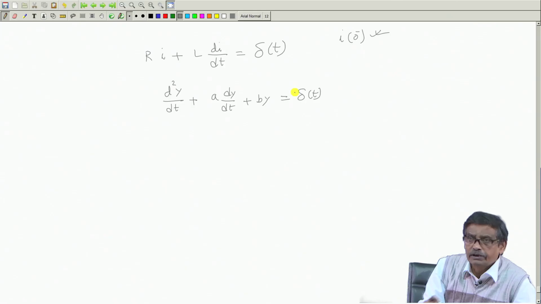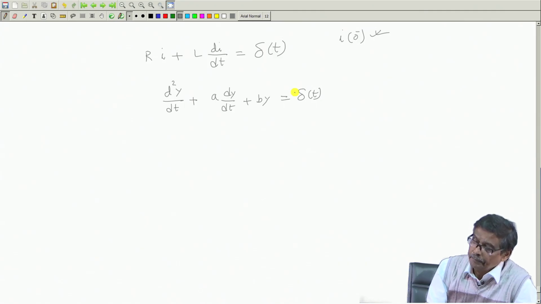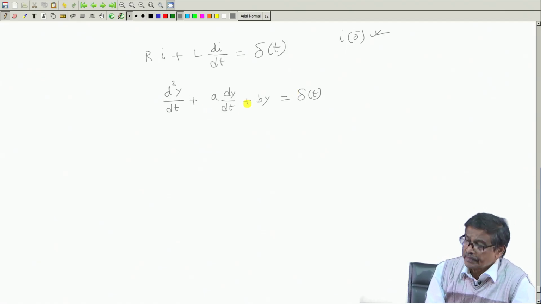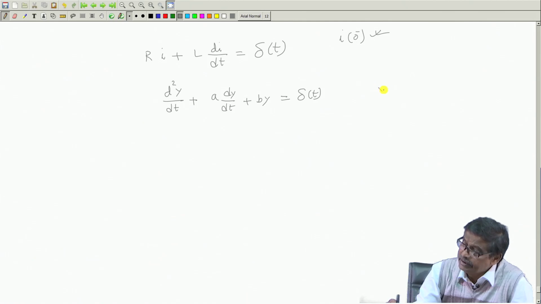Now, it is a second order differential equation, and the natural response I know how to solve. If this is the forcing function, how will the solution due to the forcing function look? You see this circuit, it is a second order system. How many boundary conditions do I need? I need two: y(0 minus), and dy/dt at 0 minus.